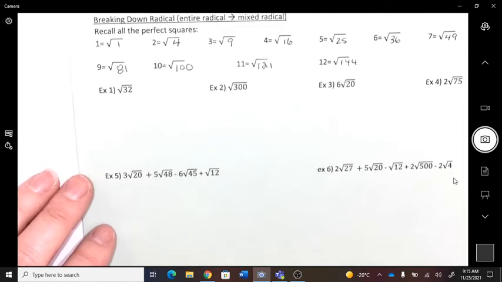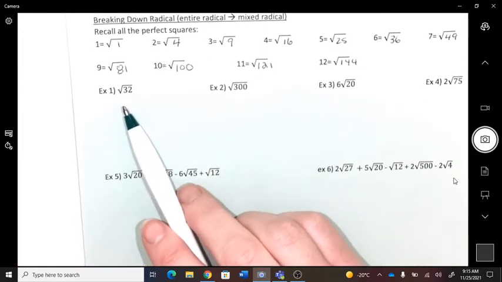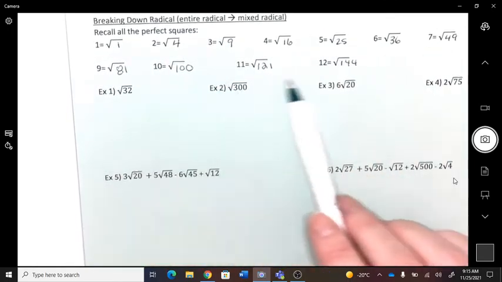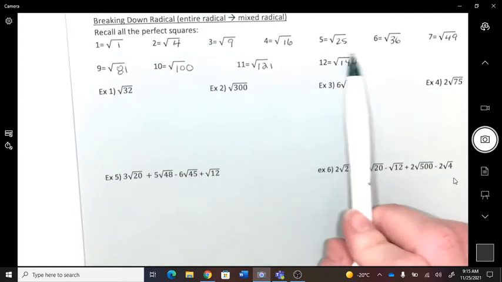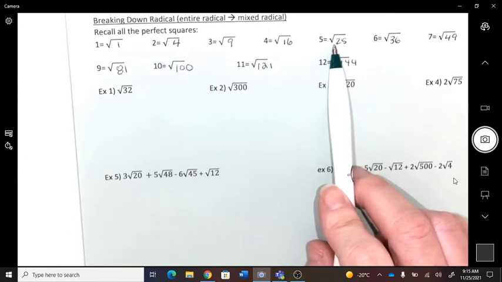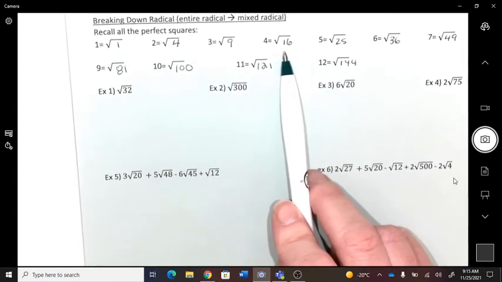So breaking down roots, we did this a little bit in grade 10. So I'm going to ask you here, root 32. What's the largest number you can divide it by? Can you divide it by 36? No. Can you divide 32 by 25? No. Can you divide 32 by 16?